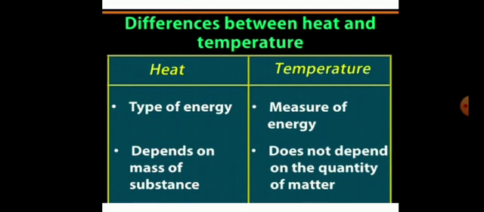Naturally, have you noted down that in the previous activity beaker B contains 200 ml of water, so more heat energy will be required in case of beaker B, because it has more number of molecules, and therefore in order to heat more amount of water, more heat energy will be naturally required. So heat depends upon the mass of substance, but temperature does not depend upon the quantity of matter, means temperature never depends upon the mass of substance.